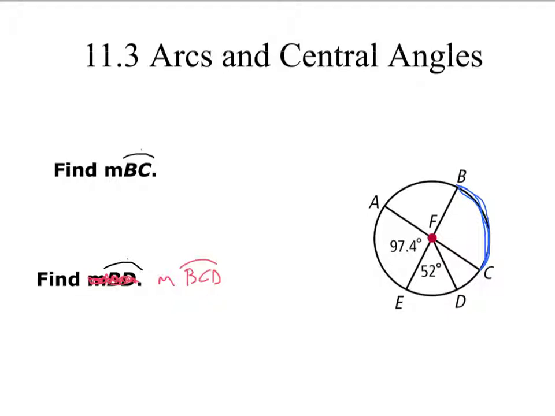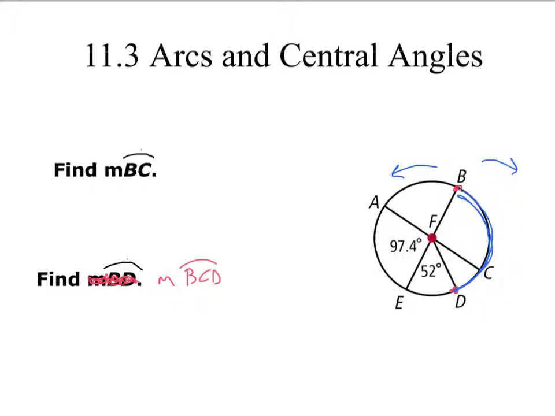So for instance, if I'm trying to find BD, from this point to this point, because it's a circle, I could address that going left or going right. Because I put just BD, I would have just found this smaller arc here, instead of going to the left.